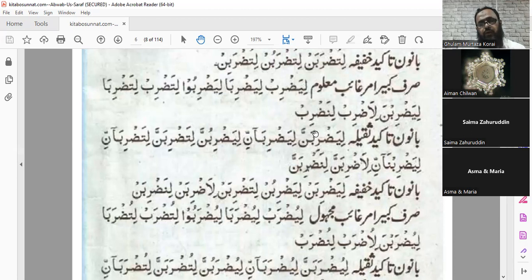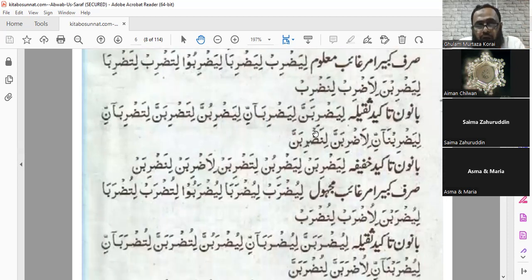I won't impose meanings on you right now, because you can deduce meanings on your own, but we will go through the meanings again in detail. So Li Yadrib is from Yadribu. From Yadribani, Li Yadriba, the noon is dropped. From Yadribuna, Li Yadribu. From Tadribu, Li Tadrib. From Tadribani, Li Tadriba. From Yadribna, Li Yadribna. From Adribu, Li Adrib. From Nadribu, Li Nadrib.